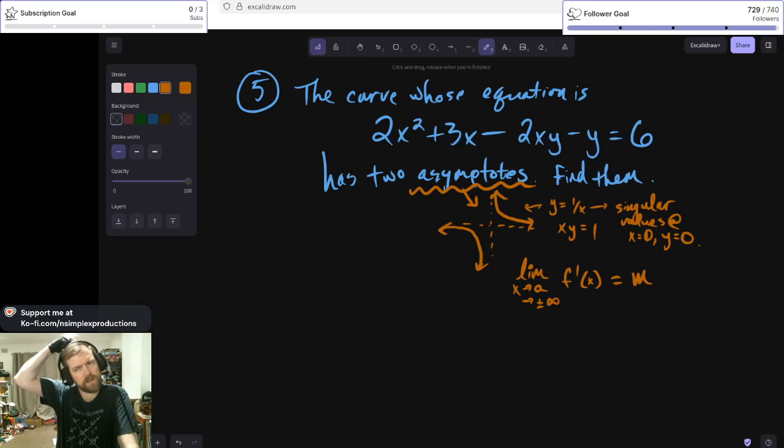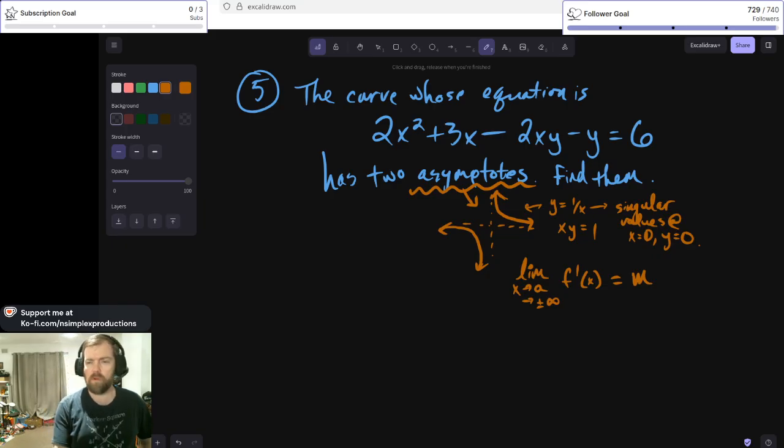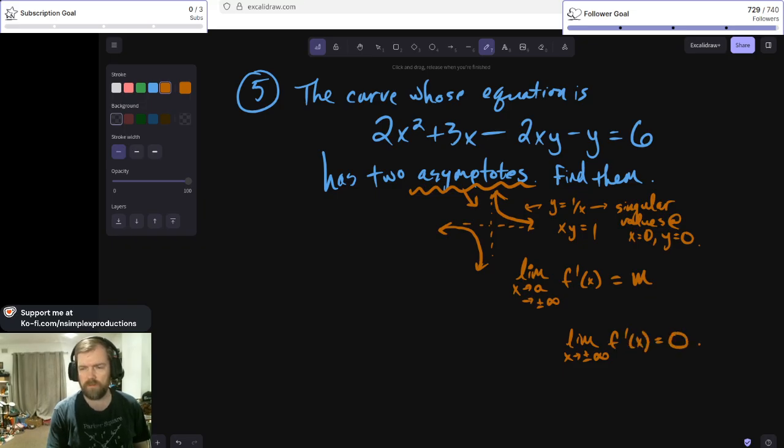So in the case of our horizontal asymptote, the slope value that our function is approaching is going to be 0. So the limit as x approaches plus or minus infinity of f prime of x is going to be 0.